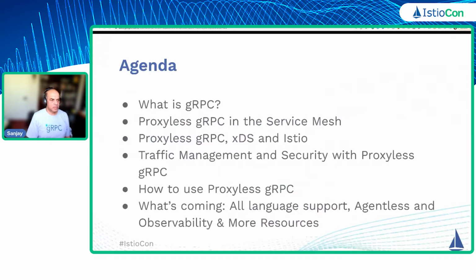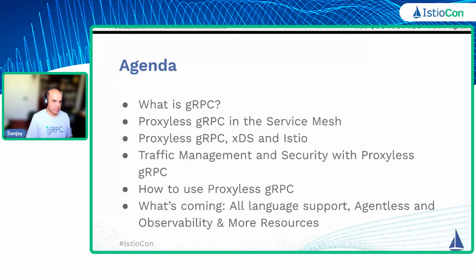In this talk, I'm going to cover a brief introduction to gRPC, an introduction to and a summary of the gRPC Proxyless service mesh, the Proxyless ecosystem consisting of XDS and Istio. Then we'll look at Proxyless service mesh features like traffic management and security.